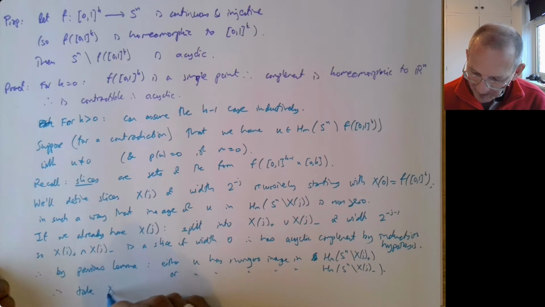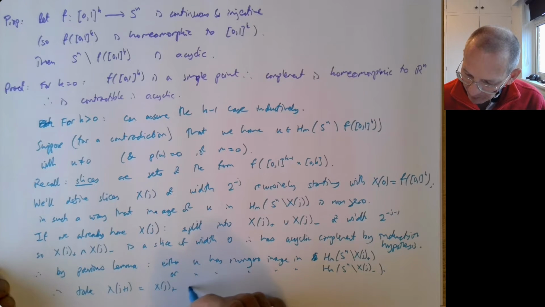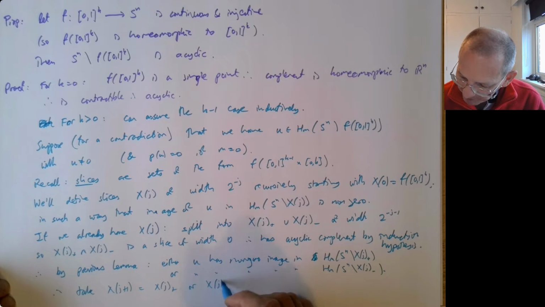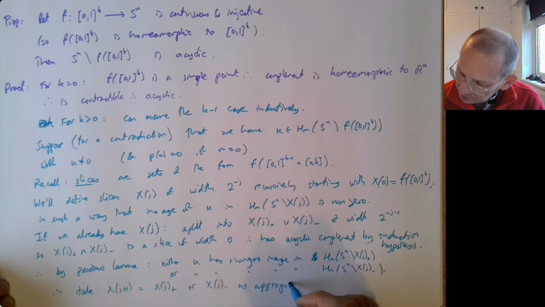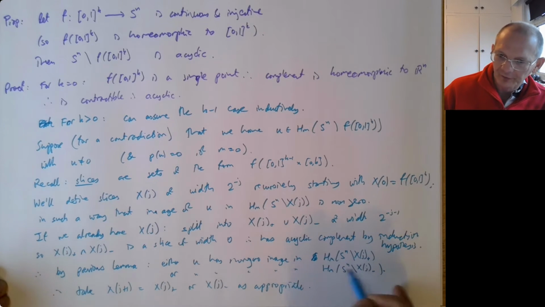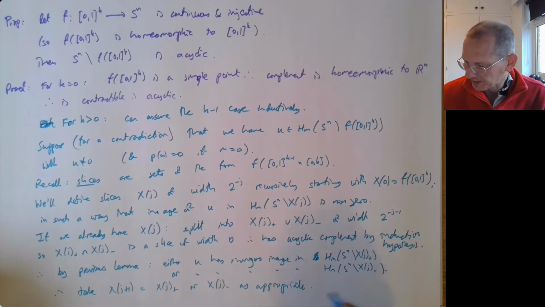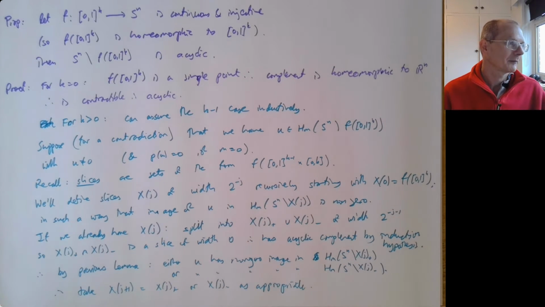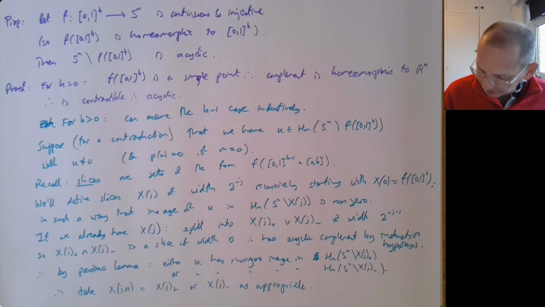So that just means we can take X_{j+1} to be X_j^+ or X_j^- as appropriate. If we've got a non-zero image in the complement of X_j^+, then we use X_j^+, otherwise we use X_j^-.